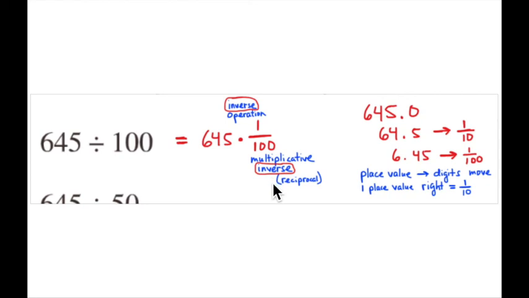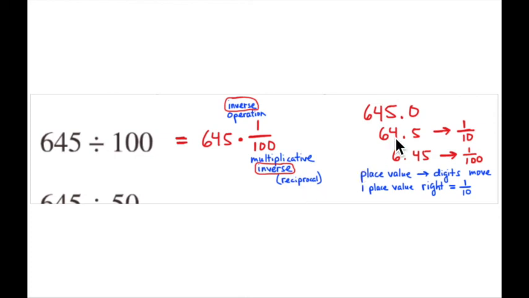Just because it's easier for me to visualize 1/100th of something, 1/100th of 645. It's just easier for me to see it, easier for me to think about, rather than dividing 645 up divided by 100. Either way is okay, but you're going to see in a moment that I'm going to continue using this fraction. All right, and the multiplicative inverse is also known as the reciprocal.